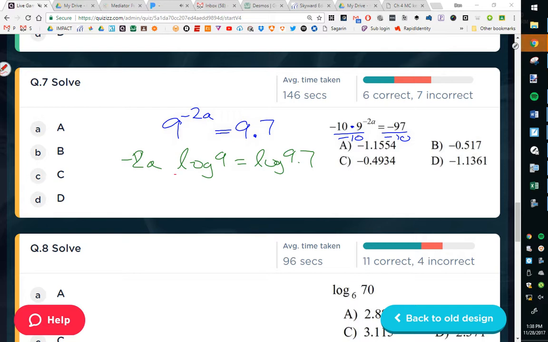So on both sides, I would divide by log of 9. That would cancel. To get a by itself, I would then need to divide my final answer by -2. That would get me my final answer. So we had to divide by -10 first, then we threw some logs and got a by itself.